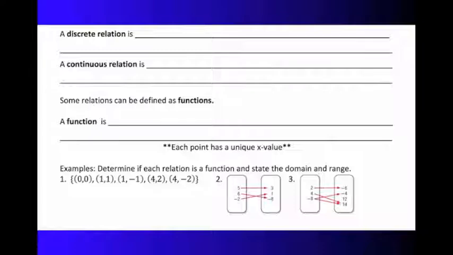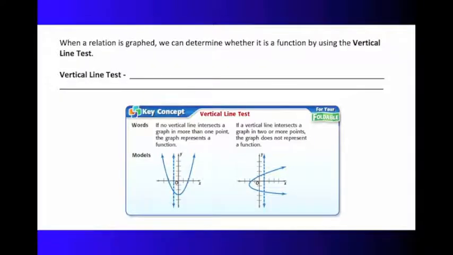Super. When a relation is graphed, we can determine whether it's a function by using what we call the vertical line test. So the vertical line test says that something is a function.